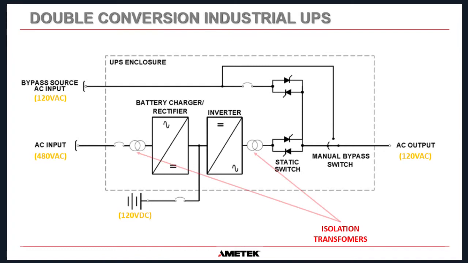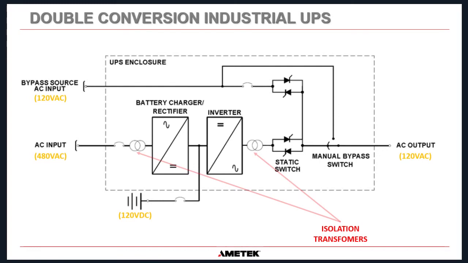If anybody knows anything about transformers, you will know that a transformer does not pass DC. It's impossible for DC to get through a transformer from the secondary to the primary or from the primary to the secondary. So if something inside this battery charger or rectifier fails, that DC cannot propagate back onto your AC input circuits.